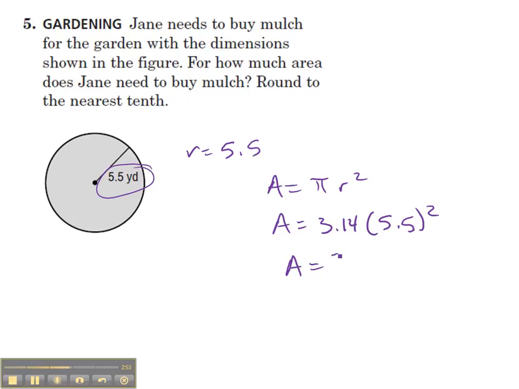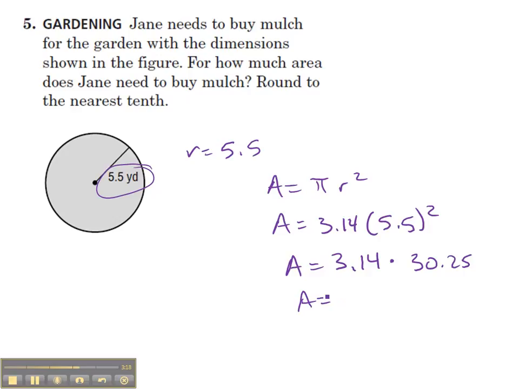Area equals 3.14 times 5.5 squared is 30.25. So area equals 166.